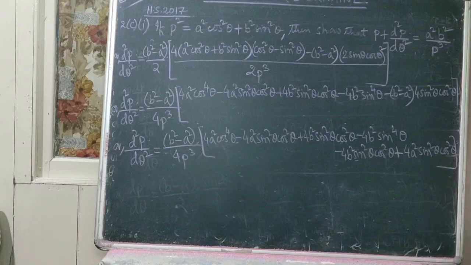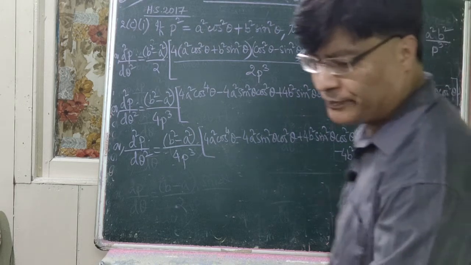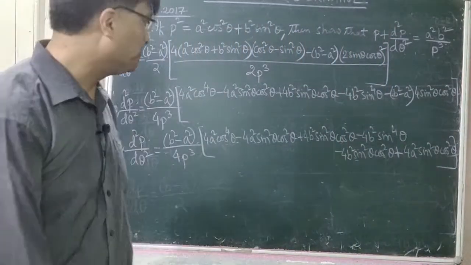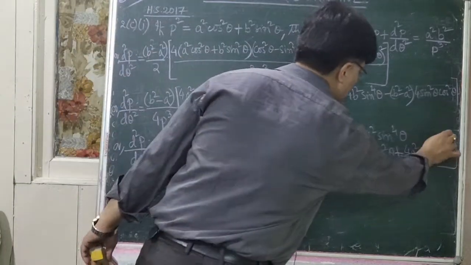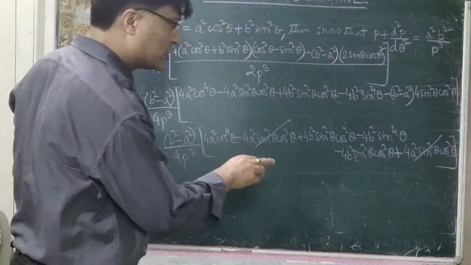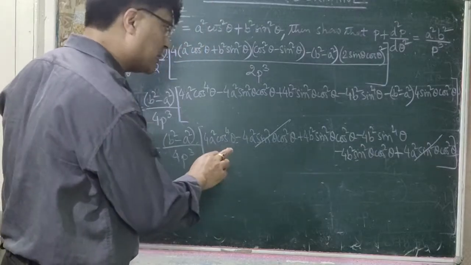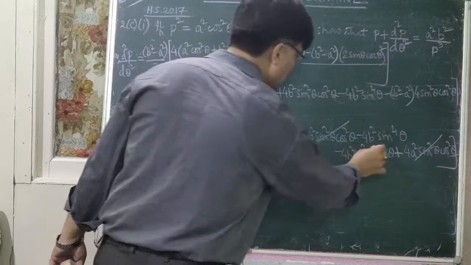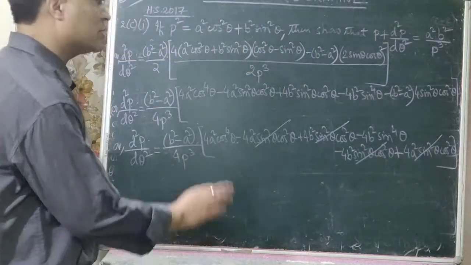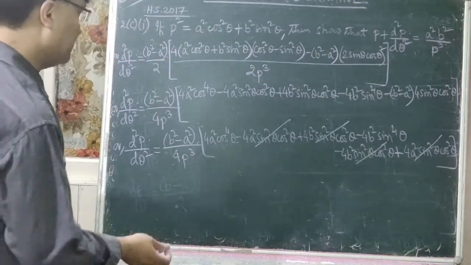So you can copy it. Now again you have to simplify it further. Can you cancel any term here? This minus 4a² sin²θ cos²θ plus 4a² sin²θ cos²θ will be cancelled. Next, plus 4b² sin²θ cos²θ and minus 4b² sin²θ cos²θ will be cancelled. Okay.